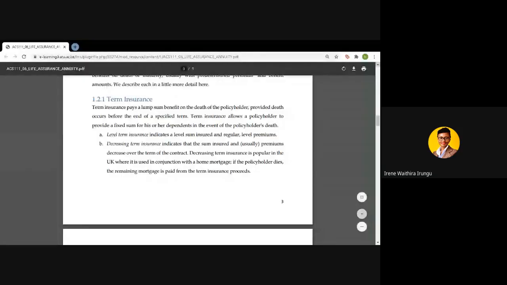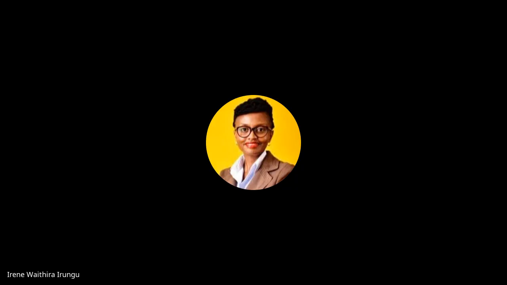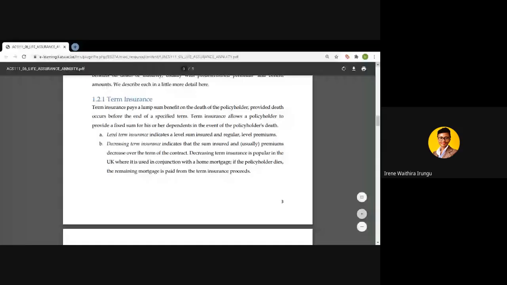Let's assume that's annually. So they'll continue to pay that amount until they die, right? So if they die within their first year, because it is a level term assurance, then Brian's mother and Brian, if you assume that they are the beneficiaries, will be entitled to the constant sum assured of 500,000.